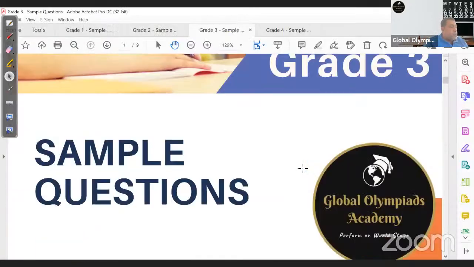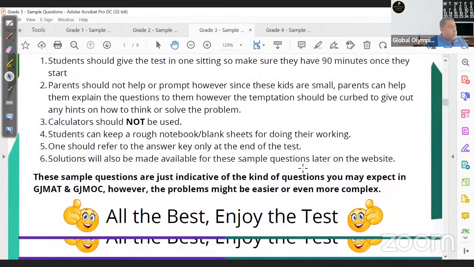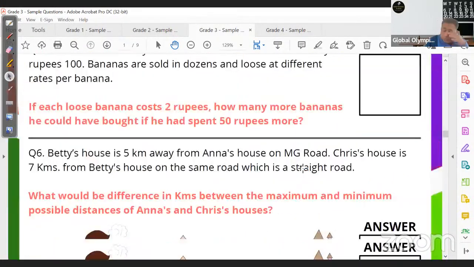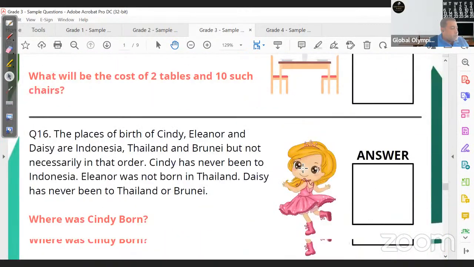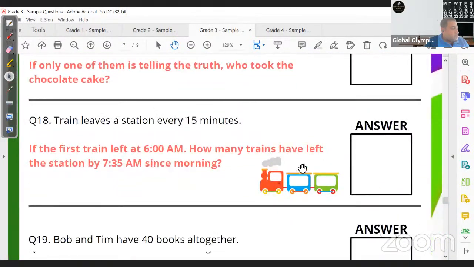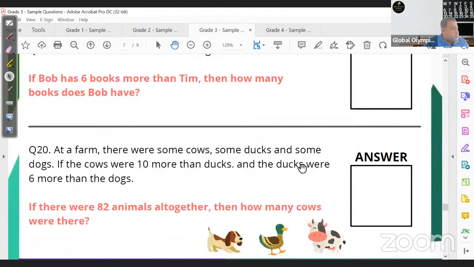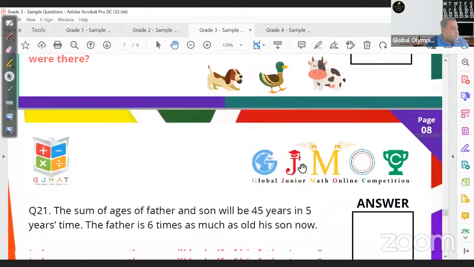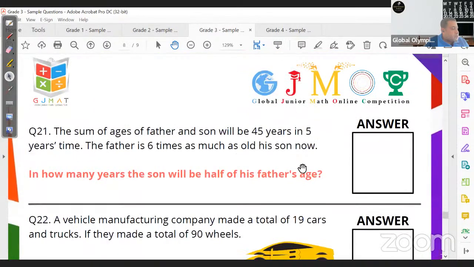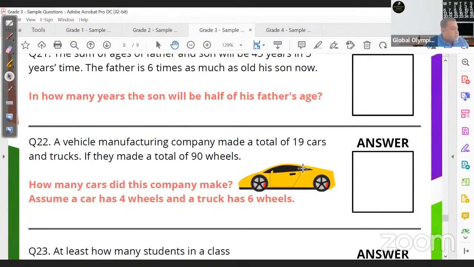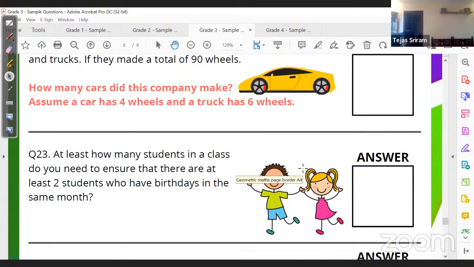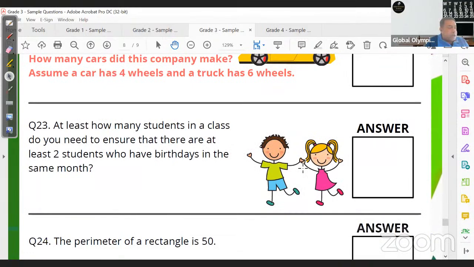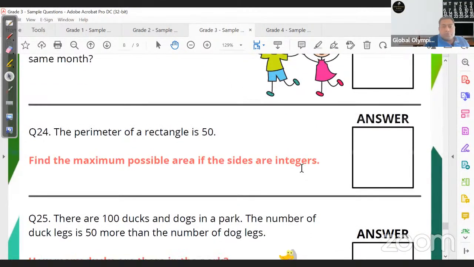Let's go down. I think we done till question 23, right? Is that correct? 23 तक कर दिया था?